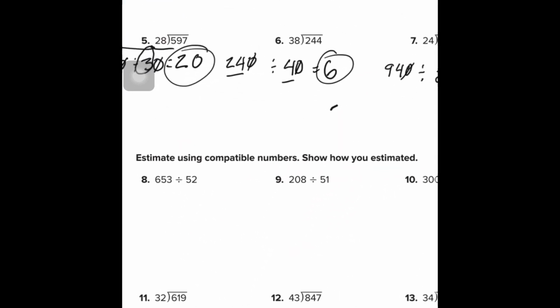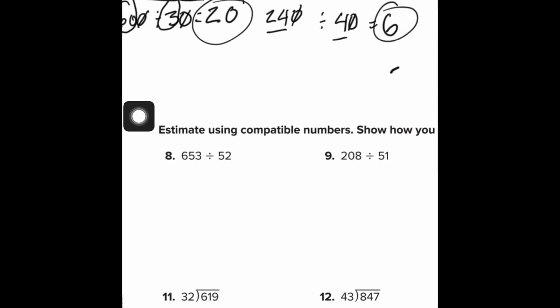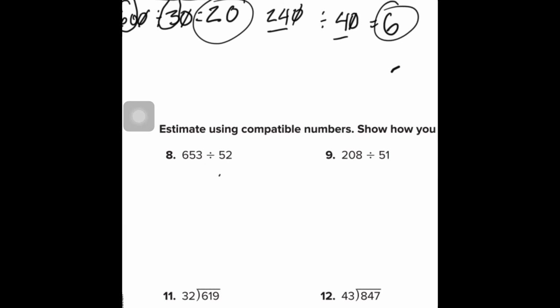Okay, now the instructions are estimate using compatible numbers. Show how you estimate it. Okay, so now on this one, we're still going to change both of the numbers to make sure they're compatible. First thing you do is the divisor. 52 is closer to 50 than it is to 60 or to 40. So if you look down the 5s category, what do you see that would work out well?